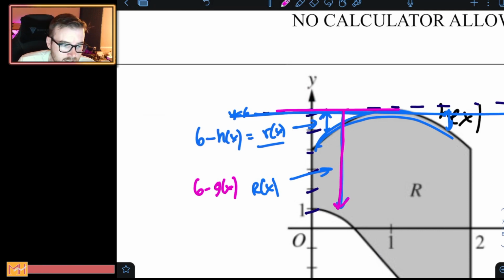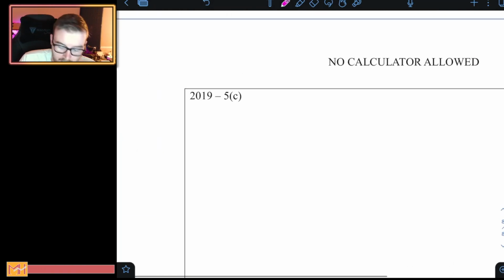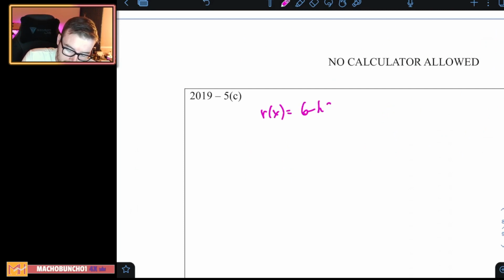Distance is a synonym for difference, and difference is a synonym for subtraction. So you're just doing subtraction, and that will result in the radius. Little r of x is 6 minus h of x, and big R of x is 6 minus g of x.